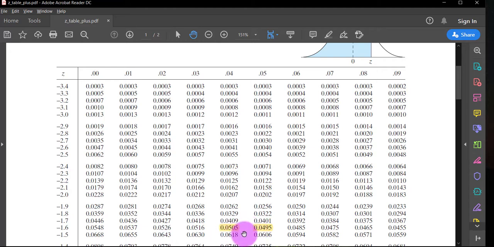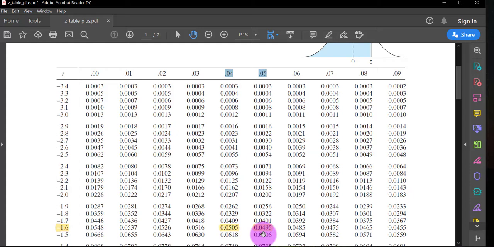The corresponding Z-score would be about negative 1.6, and the second decimal maybe a 0.4 or a 0.5. Maybe 1.64, 1.65. And that's negative. Because of symmetry, we get to say that on this other side of the distribution, this one here is negative, that one is positive.